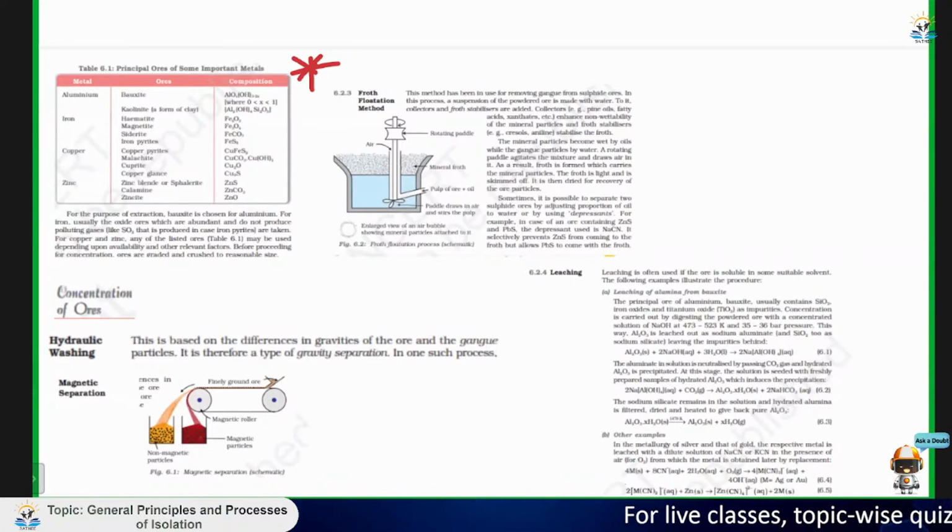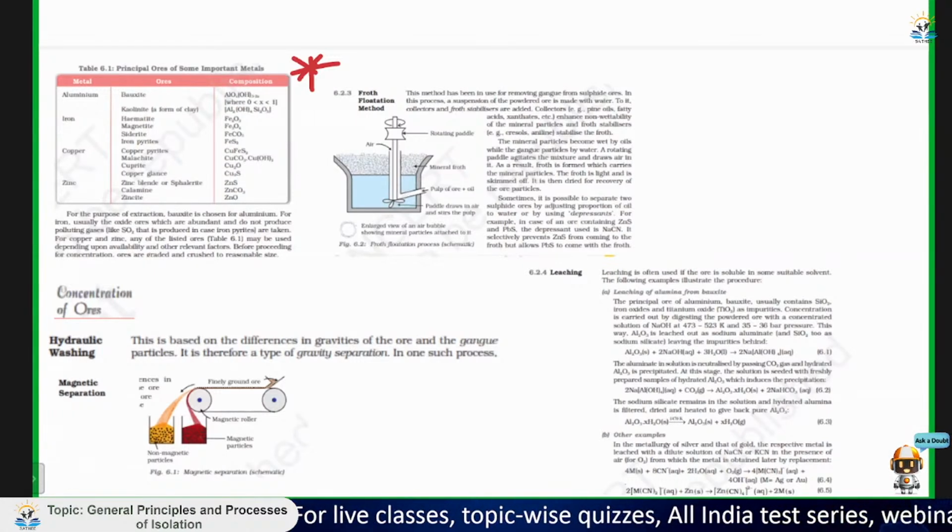For copper and zinc, any of the listed ores may be used depending upon availability and other factors. Ores, you're going to crush them into small pieces, then you're going to clean them.